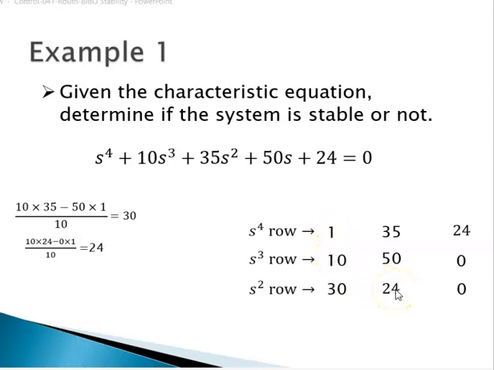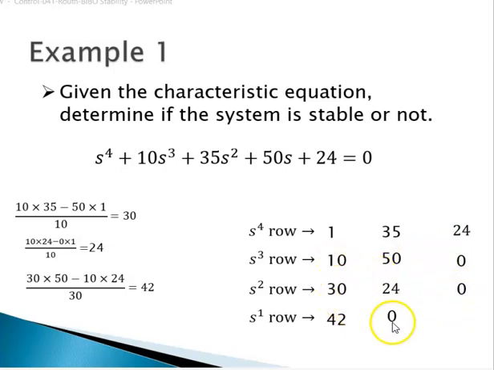That is 24, which comes over there. Similarly, we'll build the next row. 30 multiplied by 50 minus 24 multiplied by 10, divided by 30. So you get 42 here. 30 into 0 minus 0 into 10, divided by 30. You get 0 here.